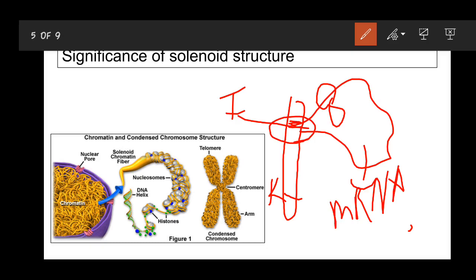This was the main significance of the solenoidal structure. The first one, as we said earlier, was to compact the DNA to fit into the nucleus, and the second is that this structure allows differential gene expression. That means specific proteins are produced only by specific cells, because it is inhibited by this solenoidal structure.